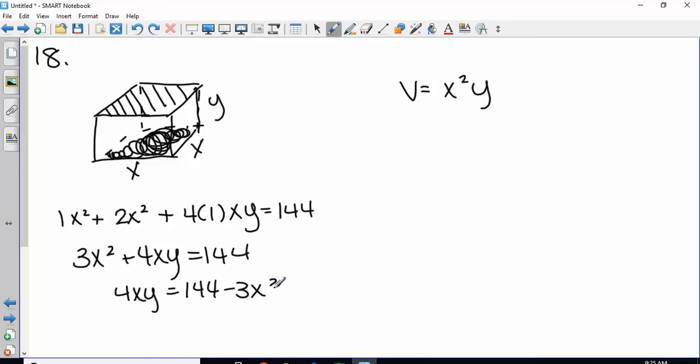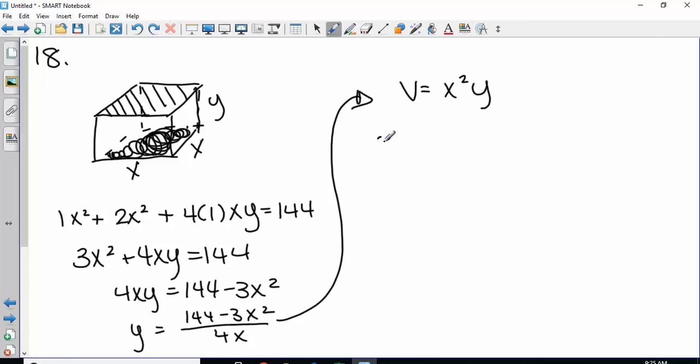So we can solve for Y. So now I'm going to plug that in up here.